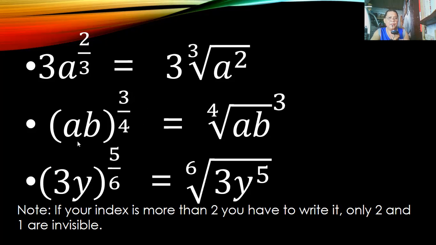Another example, the whole of 3y raised to 5/6 equals. So the whole of this will become your radicand 3y. And then the numerator of the exponent becomes your exponent over 3y. And then you put a radical sign, and this denominator 6 becomes your index.